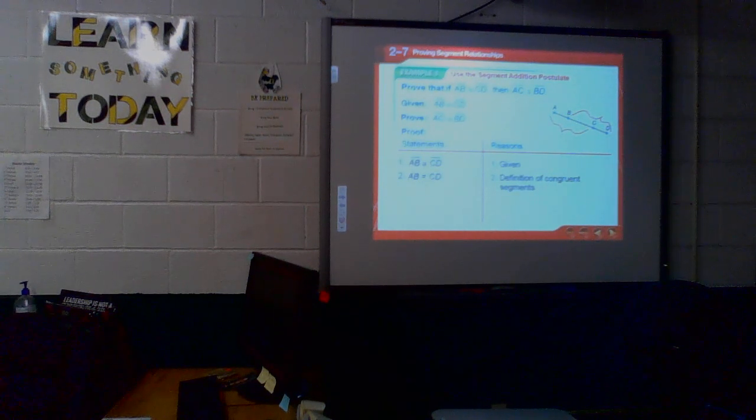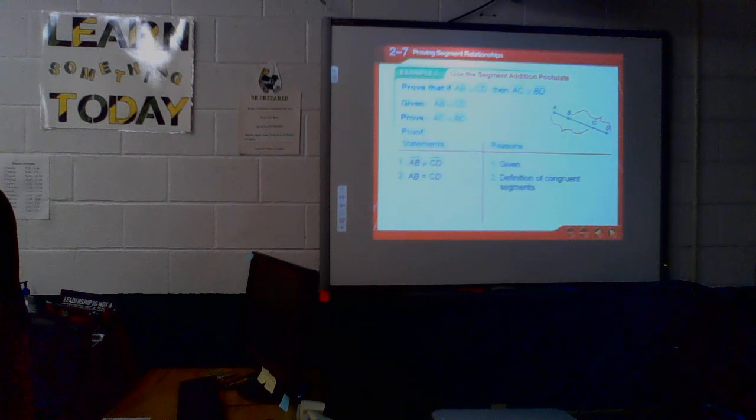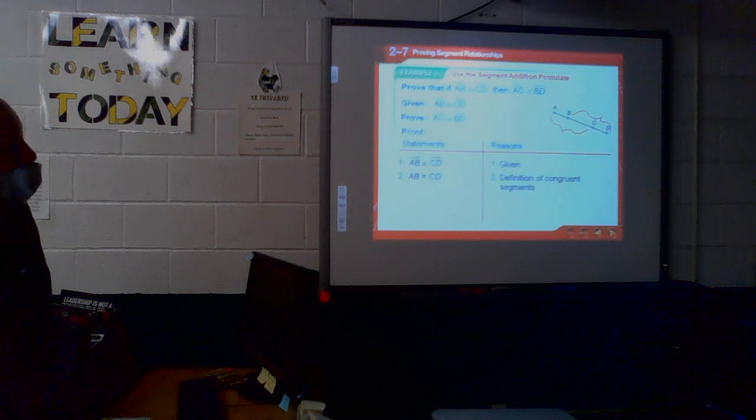First off, do I have any of those pieces? So again, start with the given. Is the given right here, even though we changed it to this? Basically this is both the given because we're still using the same letters. But is the given shown in those two pieces of the red? AB and CD are where?